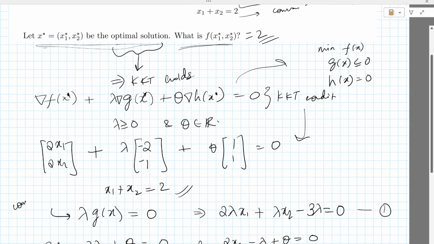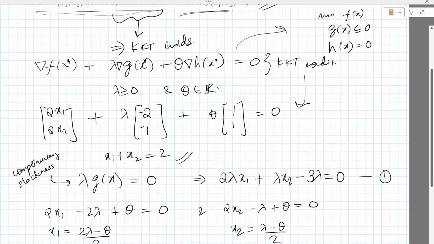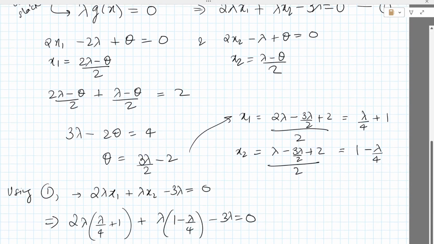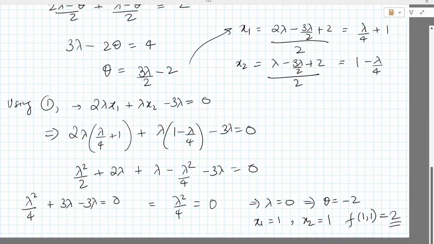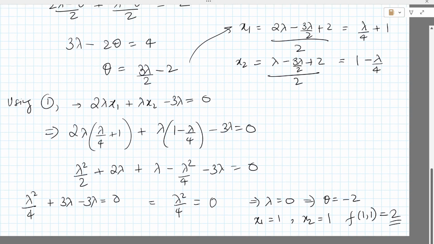This is complementary slackness. And with that we got all these equations. We had 4 variables, 4 equations, and doing some gymnastics, like swapping here and there, we got x1 and x2. Okay.